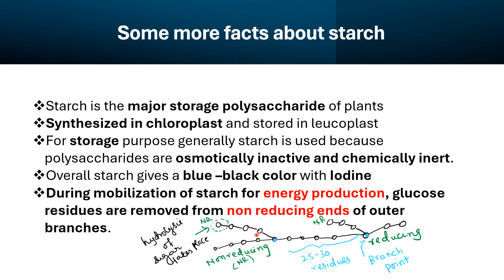Whenever the body needs energy from the starch, from the end portion, which is the non-reducing end, that is the left hand side of the starch, from there the sugar residues can be released and energy can be mobilized. The extra residues will be added on the reducing end side, and at the non-reducing end side the sugar residues will be released to produce energy.